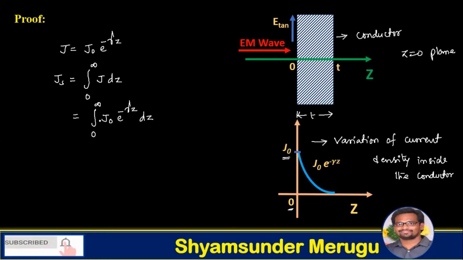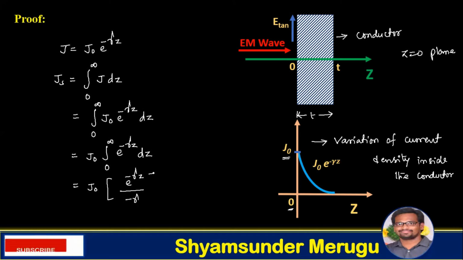Now we are evaluating this expression with respect to Z, and J0 is constant. So here J0, and we have integration from 0 to infinity of e power minus gamma Z dz. Taking the integration for this term, we get J0 times e power minus gamma Z over minus gamma, and the limits are from 0 to infinity.